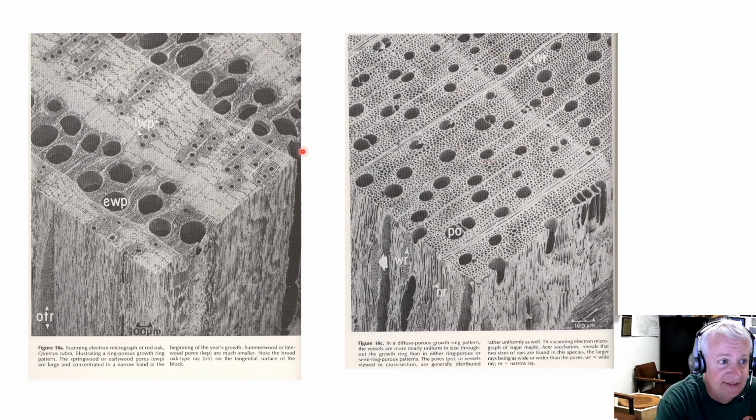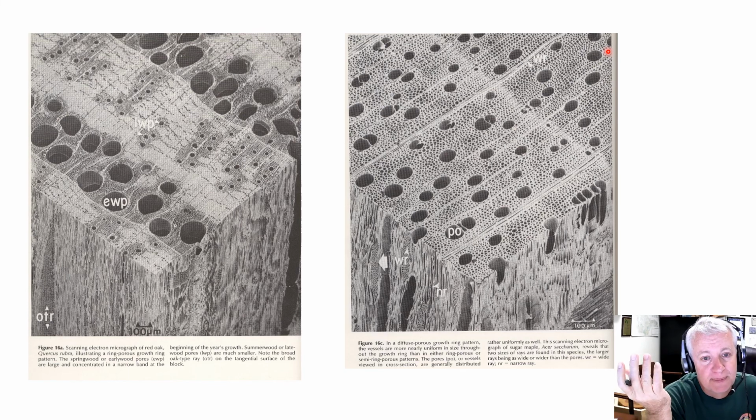In all these cases, we see, okay, these are vessels right here, right? And if we look closely at every vessel in this cross section, there is a ray that touches it. Same here. When we look at these vessels in this diffuse porous wood, there's always a file of ray cells either touching or very close to that vessel element.